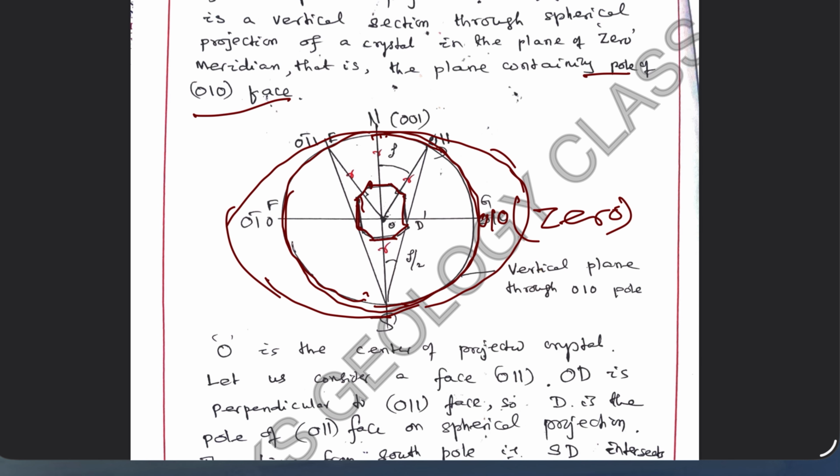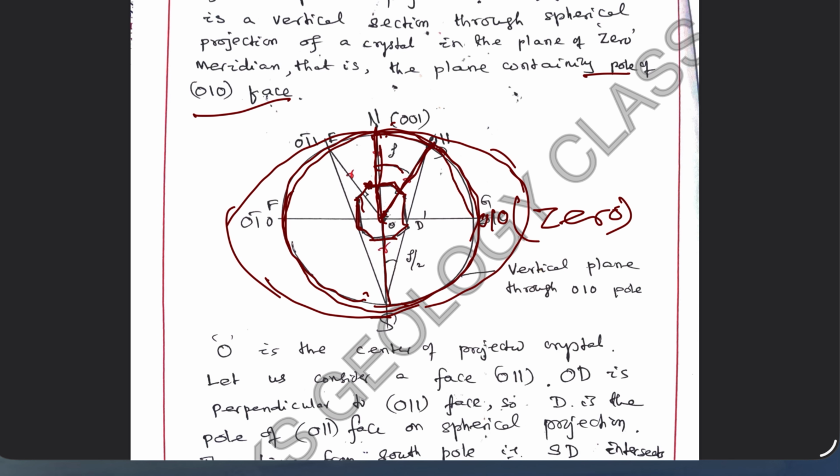If this is the crystal in vertical section, from the center of the crystal, perpendiculars are drawn to the faces. They are extended to touch the vertical circle, and this is the point of intersection. This is the horizontal face, so this will be vertical, indicating the 0, 0, 1 face, north pole.